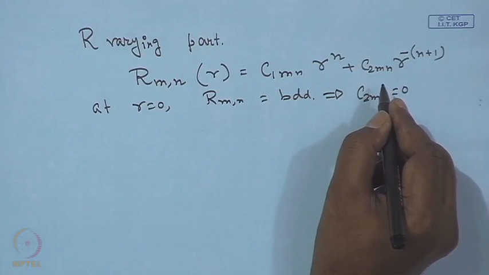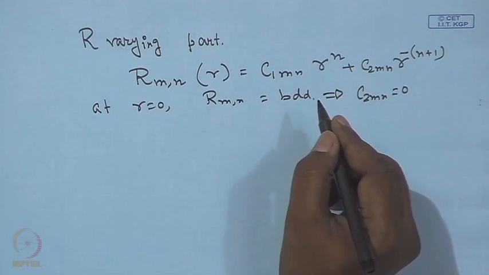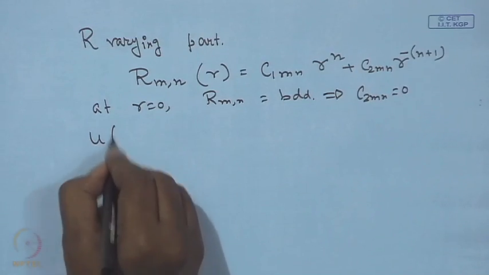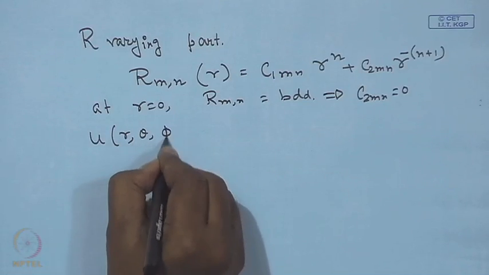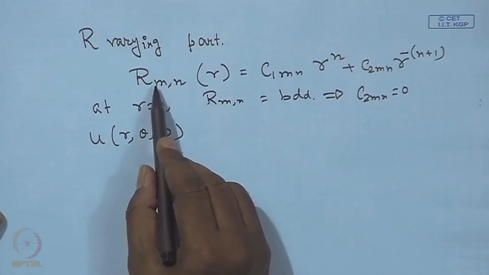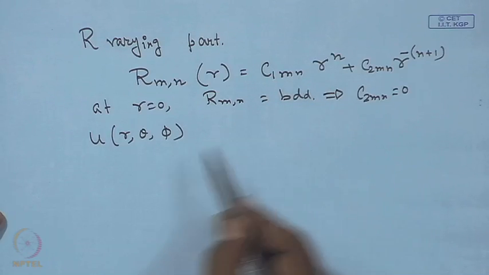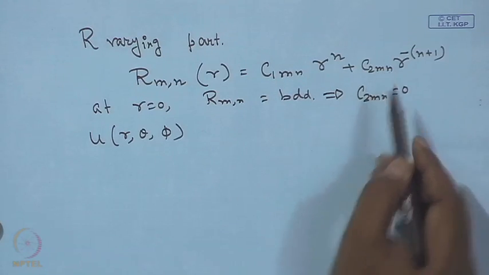Now, we will be getting the solution as u of r, theta, phi. The solution in the r direction is simply C1 multiplied by r to the power n, as the other constant becomes 0.